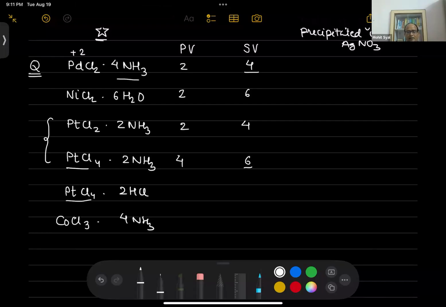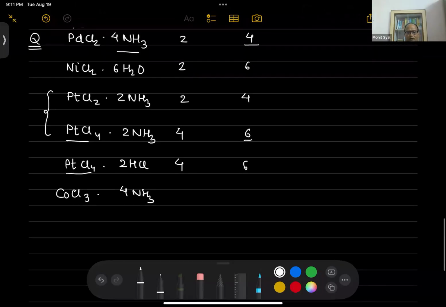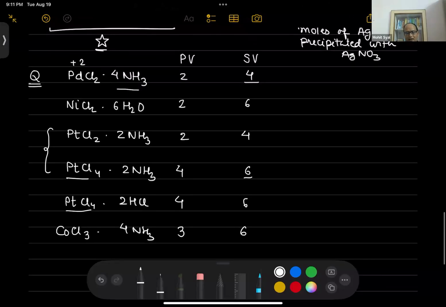Aisha, Jasleen, both of you tell me. 4. Yeah, 4. Secondary valency, if it is 4, then secondary should be 6. Normally it happens, but not always. Generally, you can figure it out like this. For cobalt, this is 3 and this is 6. Is it clear or not? Any doubts, Aisha, Jasleen, in any of these examples?